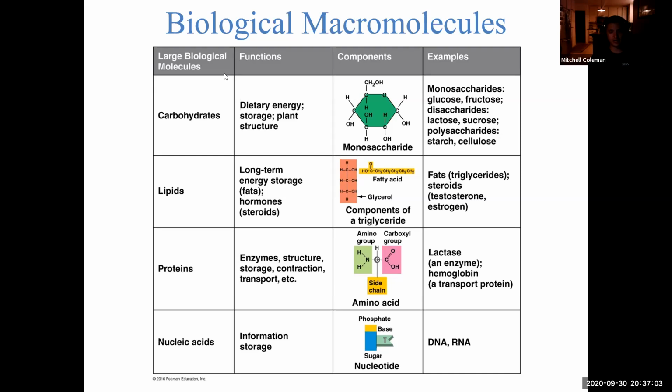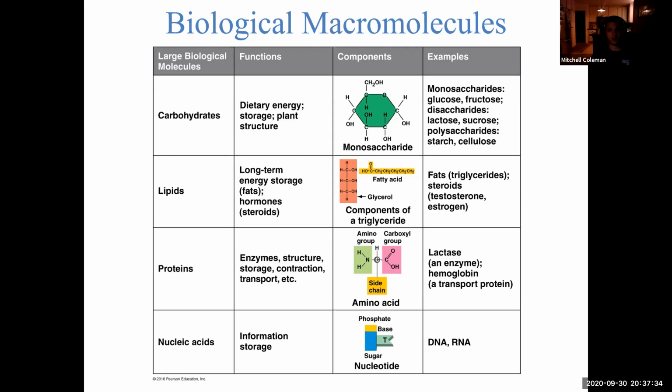These 4 types of biological macromolecules are pretty important for what cells are actually made of. Just as a quick review, for carbohydrates we're mostly concerned with functions and components. Carbohydrates are the first type we talked about, the base components of which we defined as monosaccharides, which can form long chains called polysaccharides.